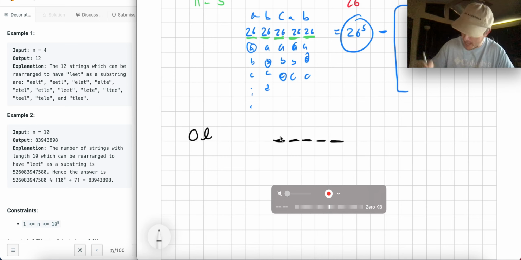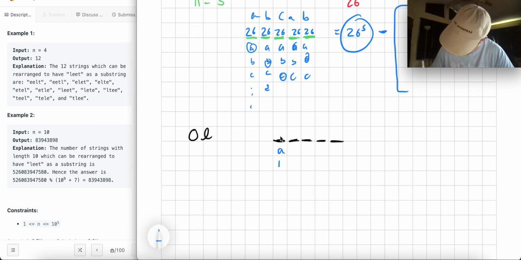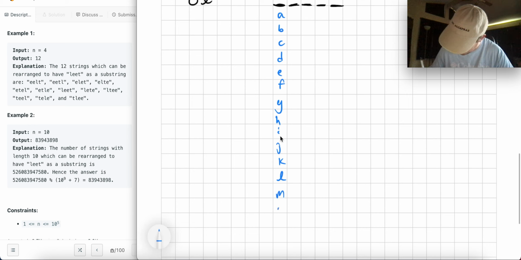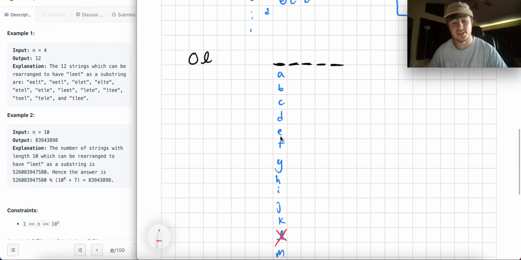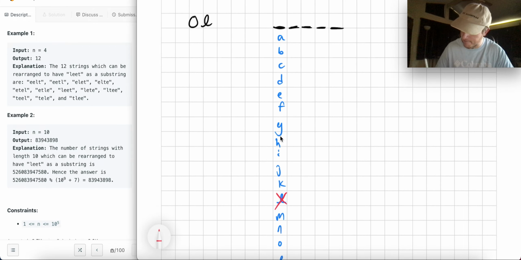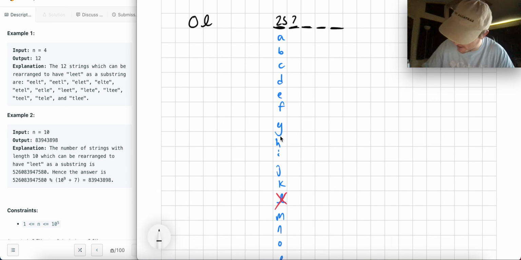So we can put anything in this slot except for L. I can put anything in this slot except for L, and that's the truth for all the slots, right? So how many things can I put in the slot? I can put 25 in this slot, 25 in this slot, 25 in this slot, 25 in this slot, 25 in this slot.